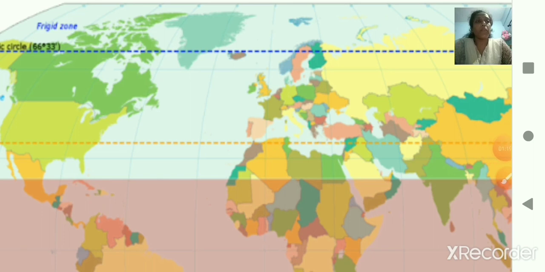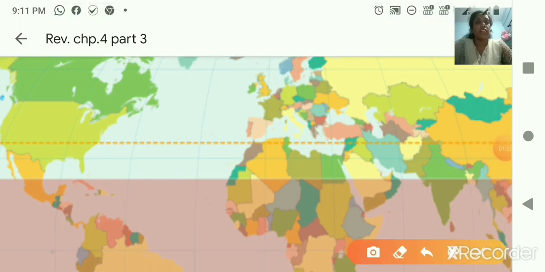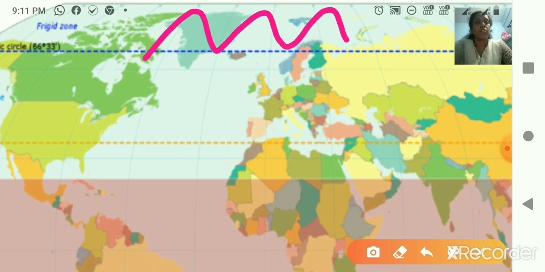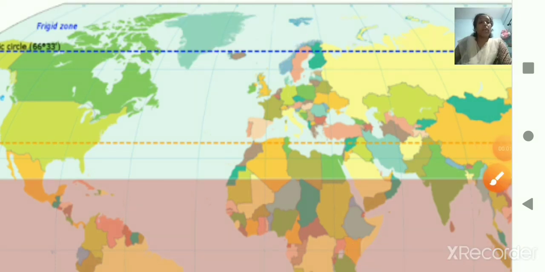On the map or on the globe, we can see this part is frigid zone. Okay. Some countries have land in frigid zone. That is the United States, Canada, Russia, Sweden, Finland, Norway have land in this zone.